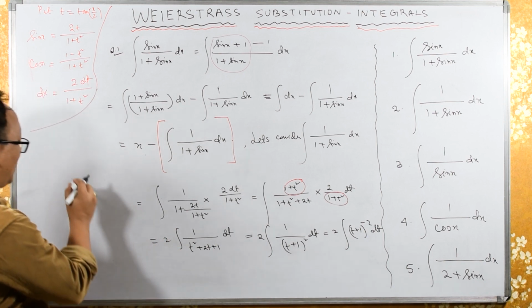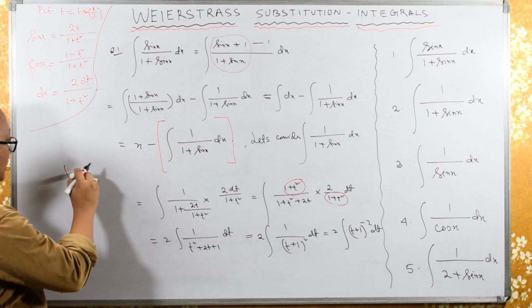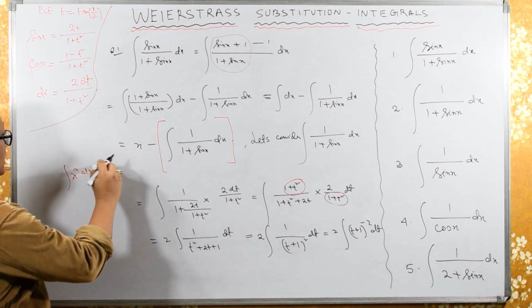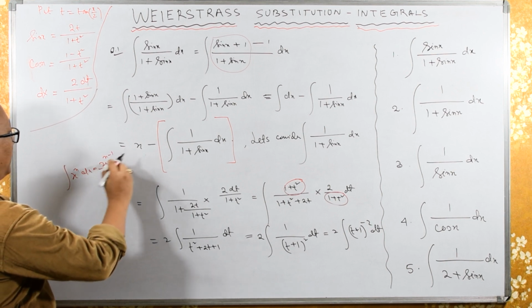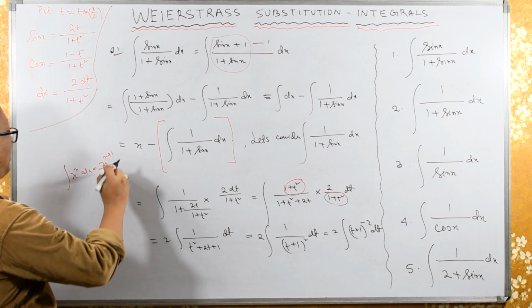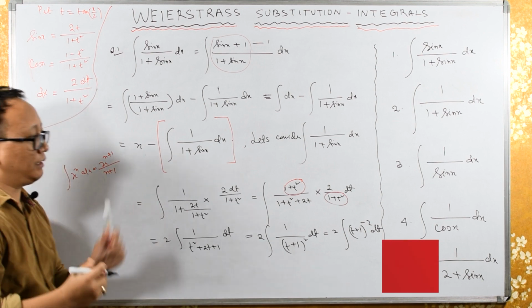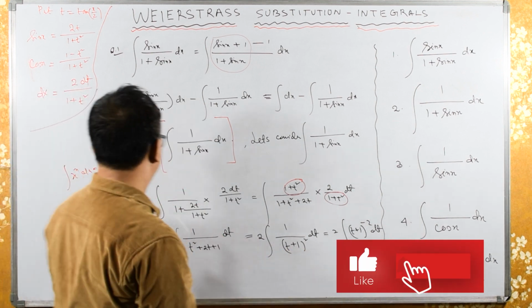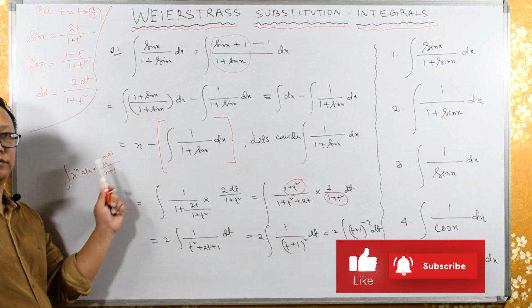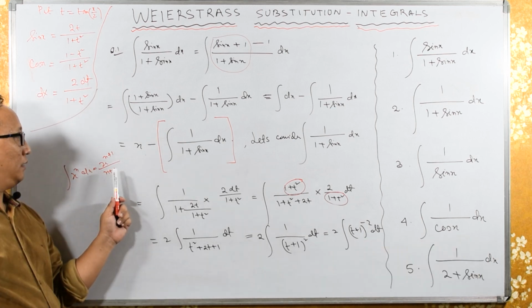Remember, integral of x raised to n dx is x raised to n plus 1 upon n plus 1 plus some constant. Here plus 1 comes. For integration it comes plus 1, for differentiation it will be minus 1.